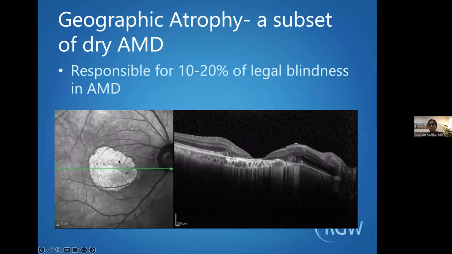Now, of course, these drugs are extremely new, and they only slow its progression. They don't stop it, and they require frequent injections. So they are only good for patients on a case-by-case basis, but it is a good sign that there are new therapies coming out. It's a very exciting time, with the hope that we can prevent this 10 to 20% of legal blindness out there.